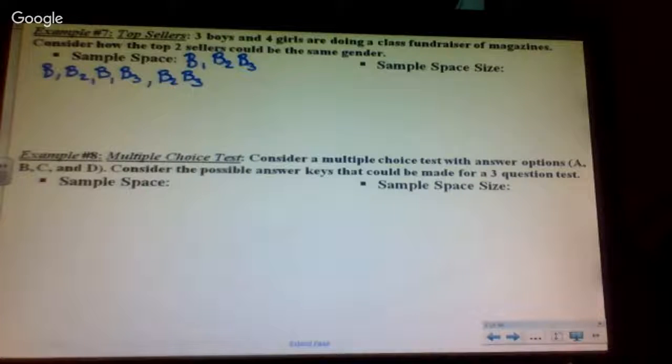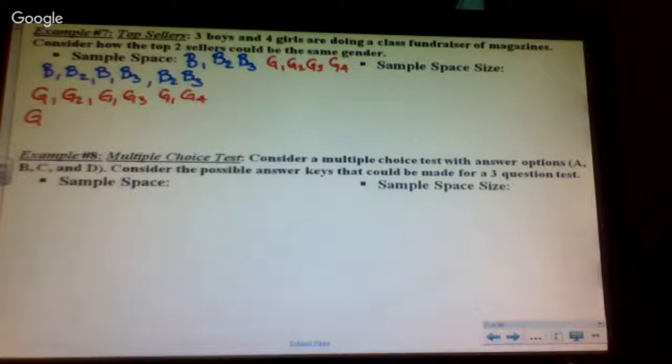Now we've got to do girls. I have girl 1, girl 2, girl 3, and girl 4. My suggestion is when you start pairing them up, pair everybody with girl 1 first. So I can do girl 1 and girl 2, girl 1 and girl 3, girl 1 and girl 4.